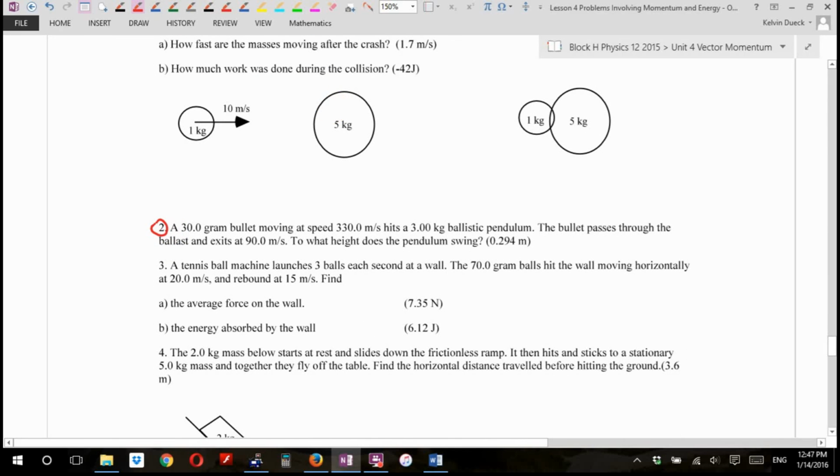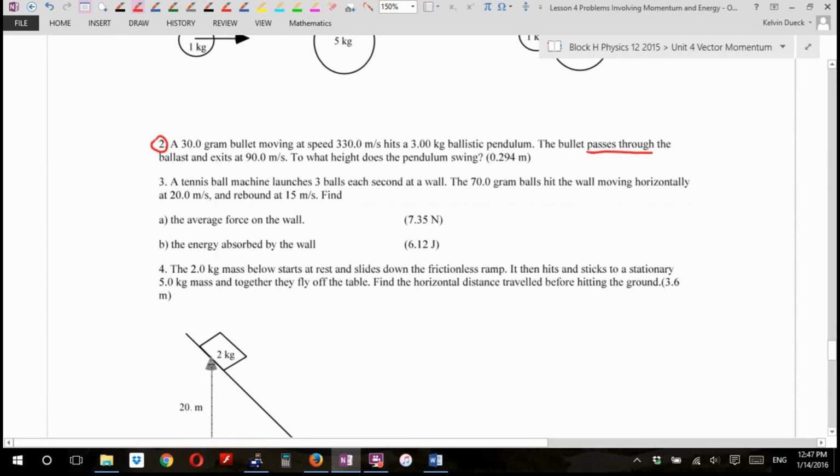Number 2 is the ballistic pendulum, except this time it passes through the block and exits at 90 meters per second. So when you do the collision, it's not going to be both stuck together. It's going to be both separate, but you can still find how fast the block would move up and then change in height, change in speed. 3 is good. Look up.